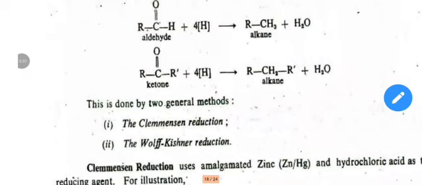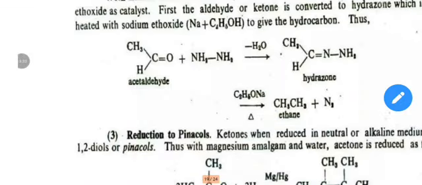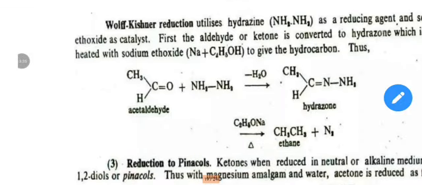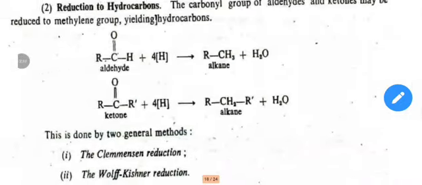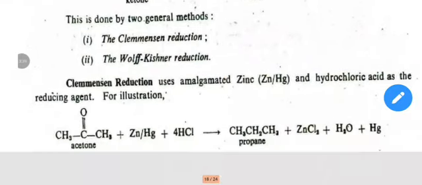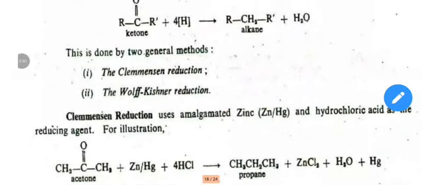So in Clemmensen reduction, acetone is reacted with amalgamated zinc and hydrochloric acid as reducing agent to form the product propane.